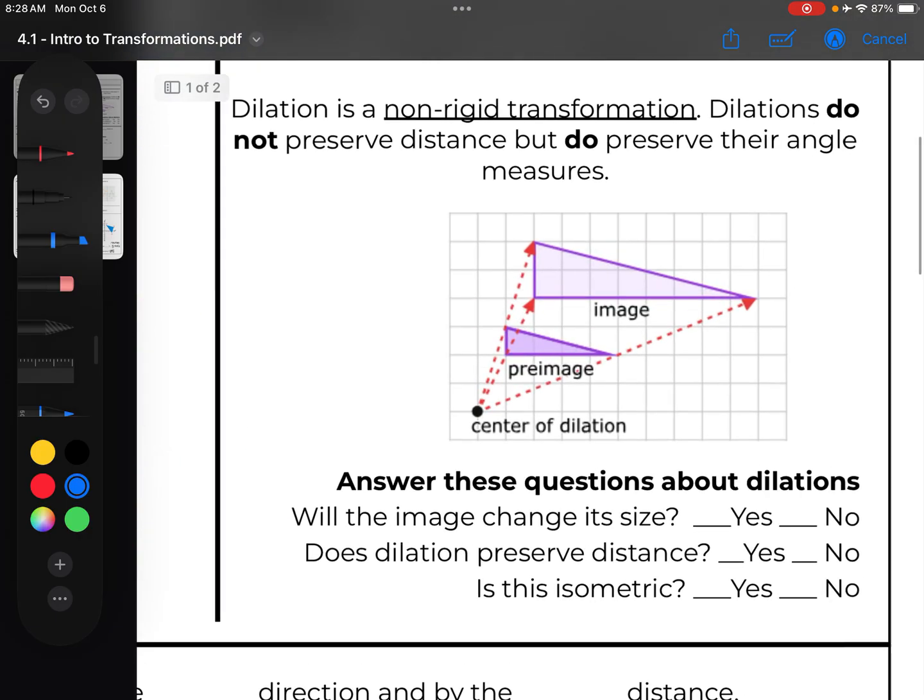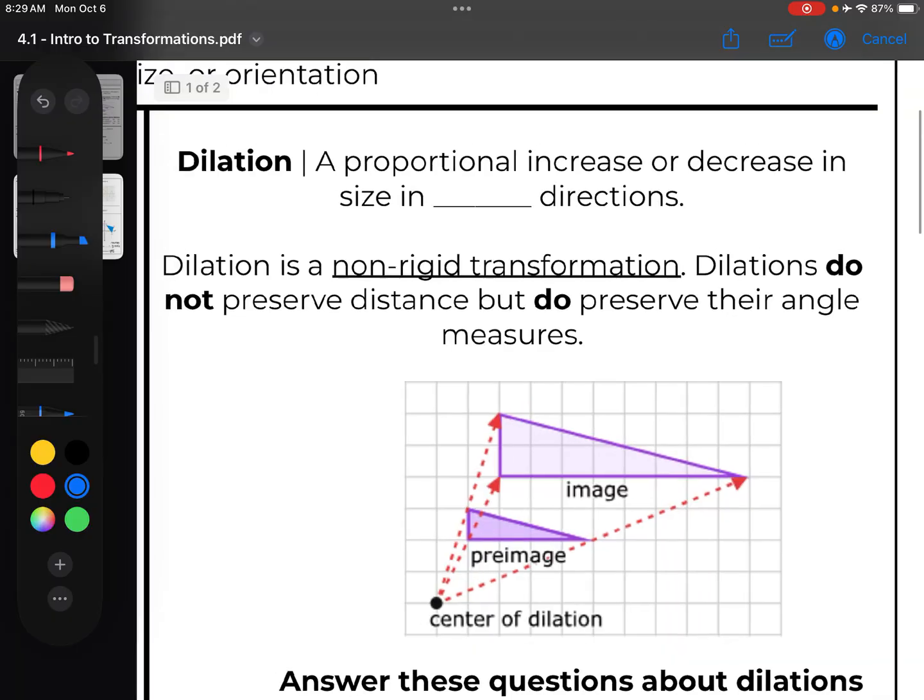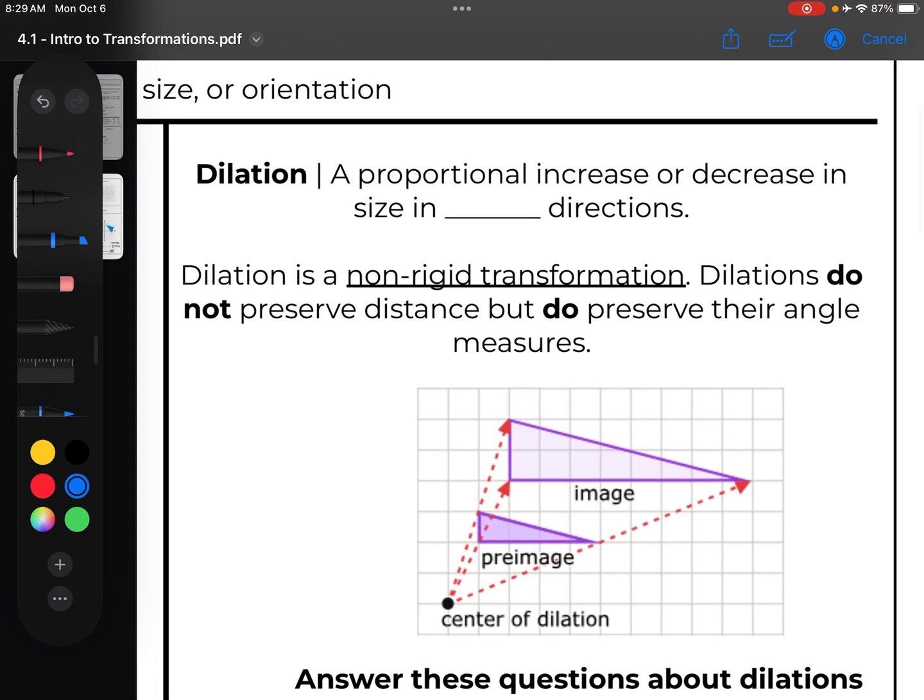The image is after. So I'm going to come over here to dilation. A dilation is a proportional increase or decrease in size in all directions. That means everything will grow by the same amount or everything will shrink by the same amount. Dilation is the only one we're going to learn that is a non-rigid transformation. Dilations do not preserve distance, but they do preserve their angle measures.